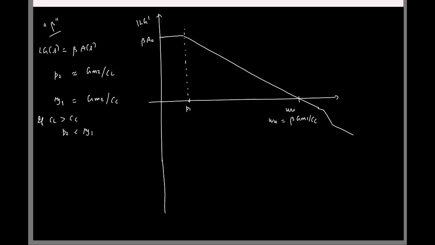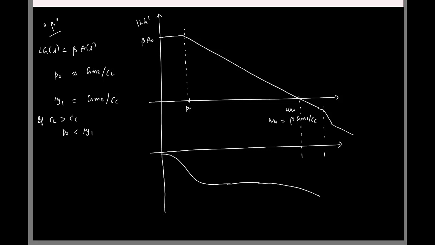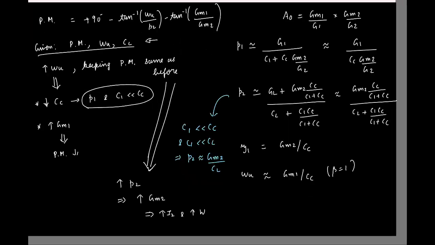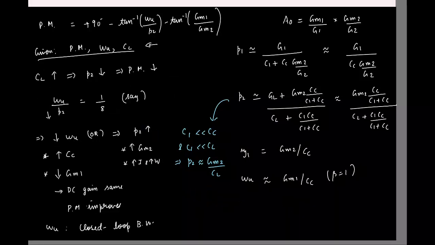Let me also sketch the phase now. First, because of the first pole, I end up with a phase of minus 90, right? Then we have the second pole, so by the time you reach omega u, the phase will start to drop. Eventually, what value will the phase reach? Look at the transfer function.